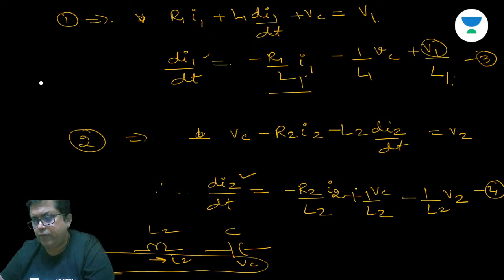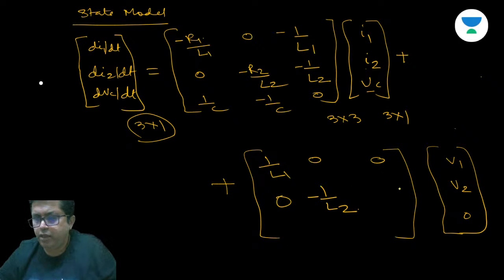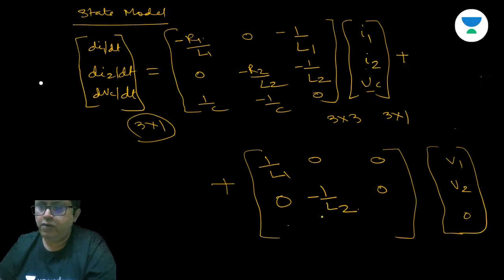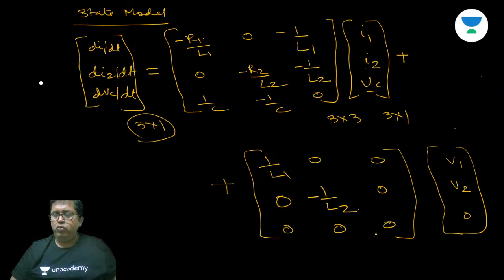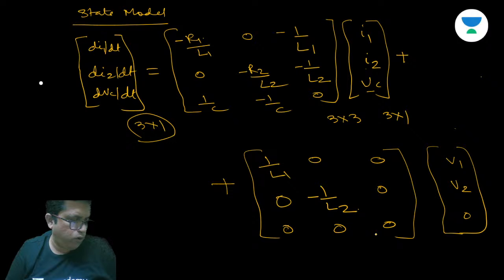Check whether this is correct or wrong. Third row, there is no input here at all: 0 V1, 0 V2, 0 third input. In this way you can find out the answer.